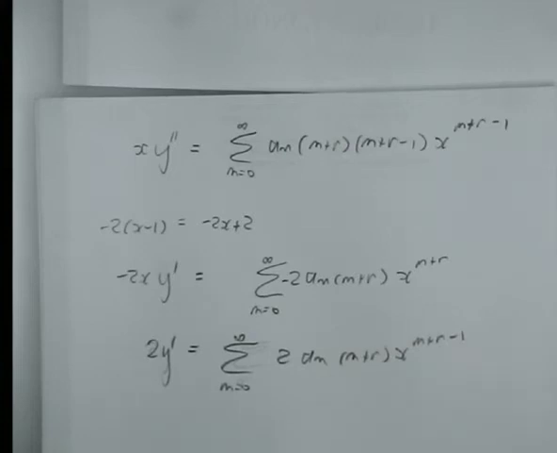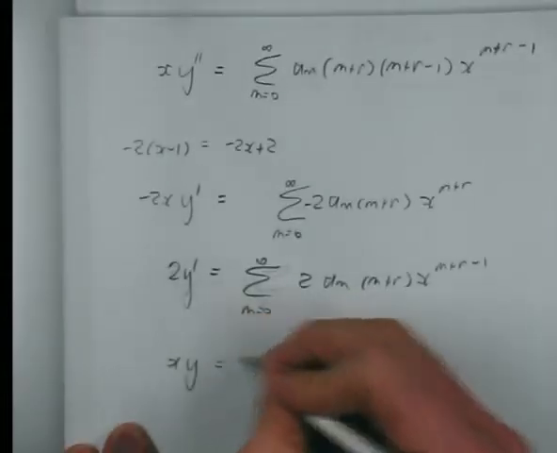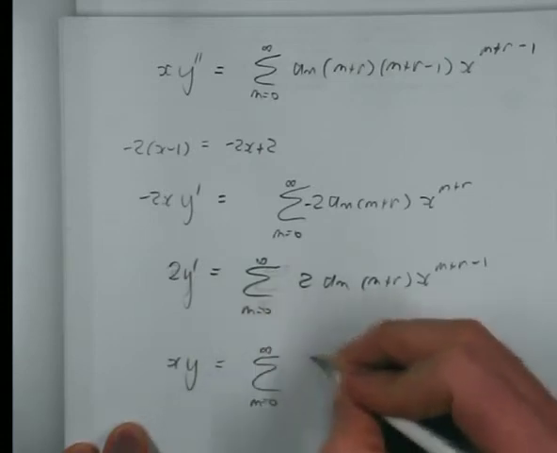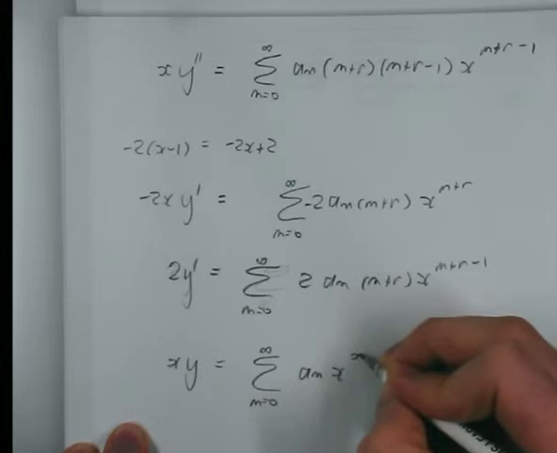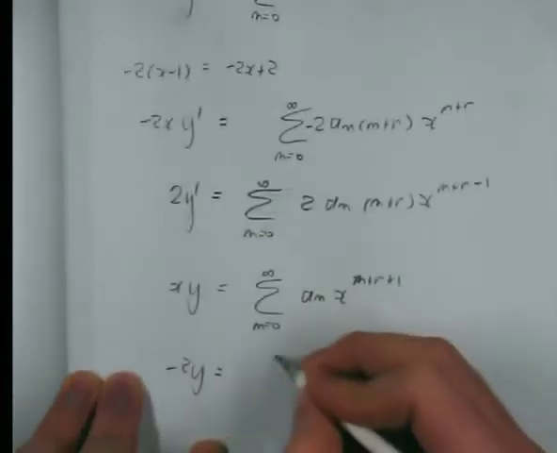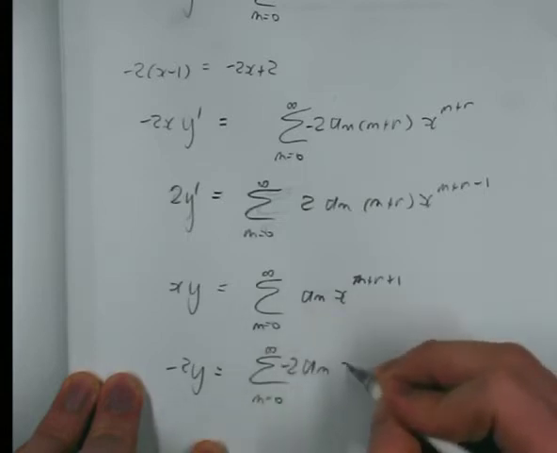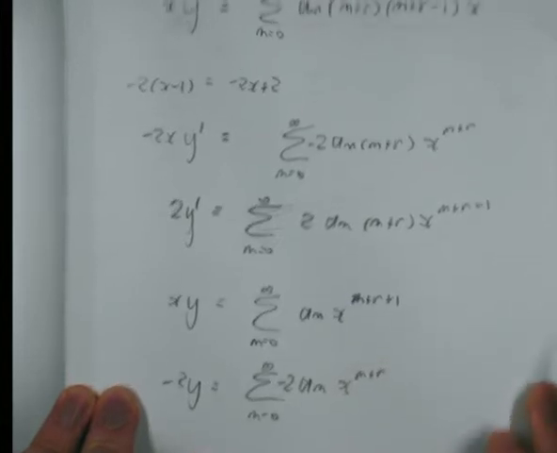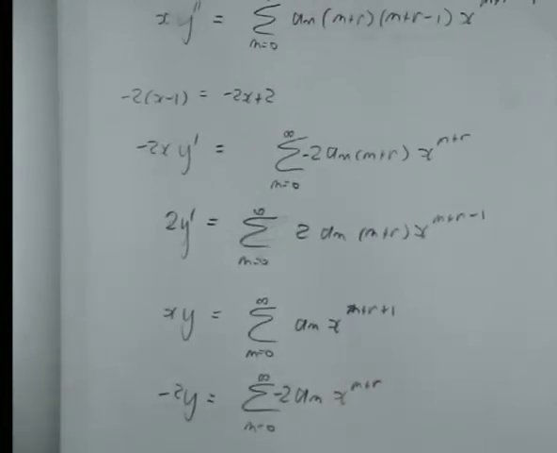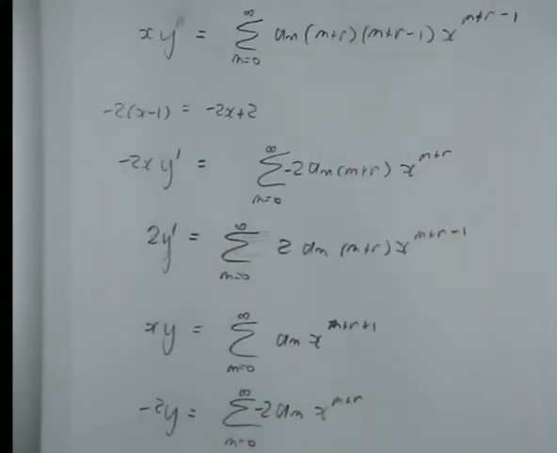Okay, and then the last thing I have is x minus 2y in the original formula. So I'm going to have x lots of y. So the power will go up by 1. And I'm just going to have minus 2y. Okay, so I have all of these pieces, and if I add them all together, it's supposed to come out to 0.